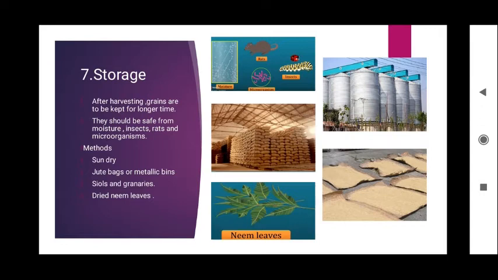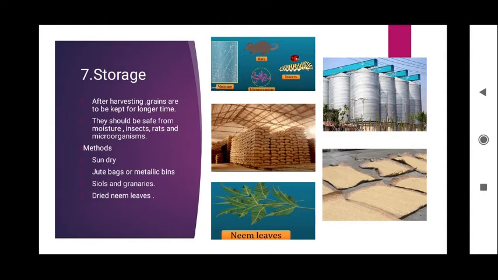The next one we are going to see is storage. So after harvesting the entire grains and all the seeds from the agricultural land, the first thing we have to do is storage. Storage of produce is an important task. If the harvested grains are to be kept for a longer time, then they should be safe from moisture, insects, rats, and many microorganisms.